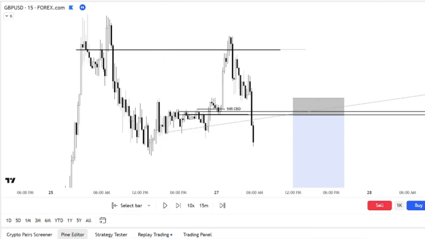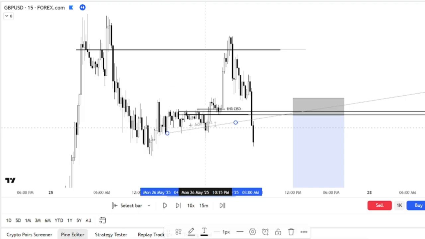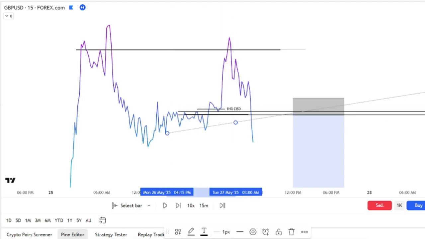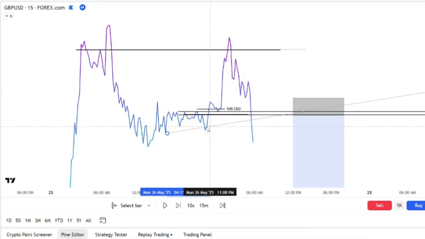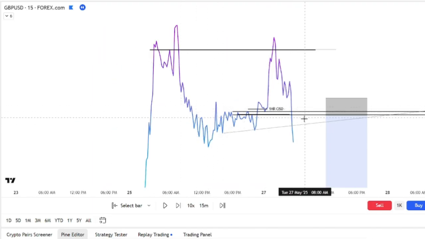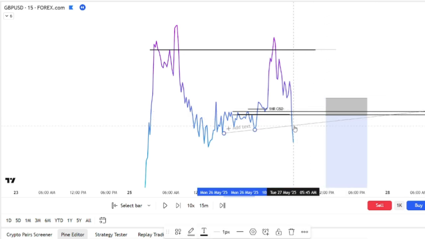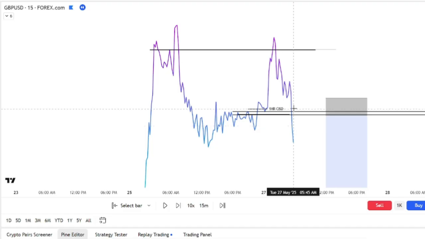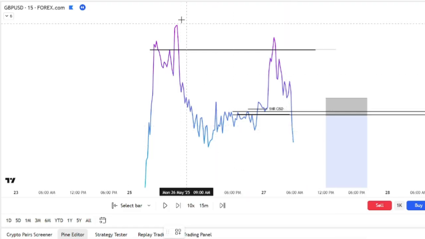I would love to pick this zone as my trend line, but still this zone is not really perfect yet.